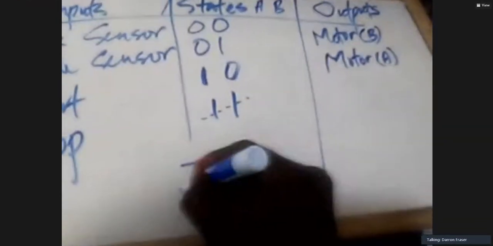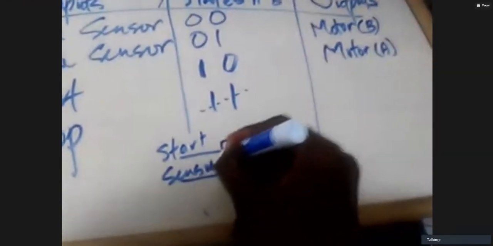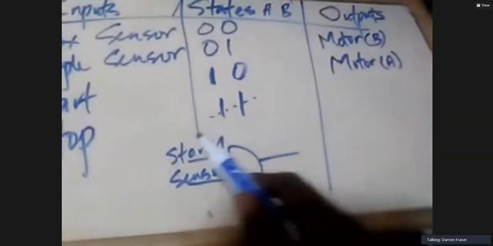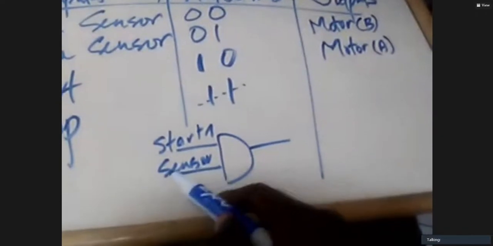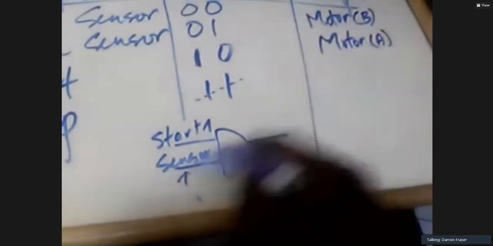What you normally would do when you design is put your start switch and your sensor. When the start is 1, we throw in an AND gate. So when you start, when your sensor goes high, then the output of the sensor is enabled. So your start just allows the sensor to be enabled.